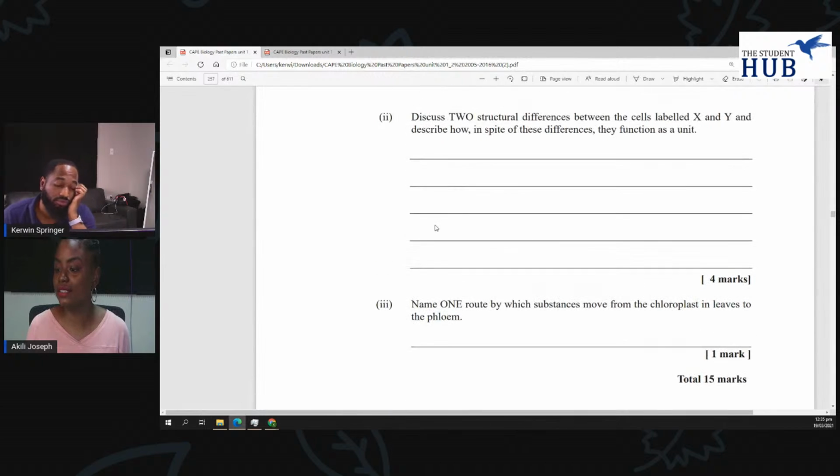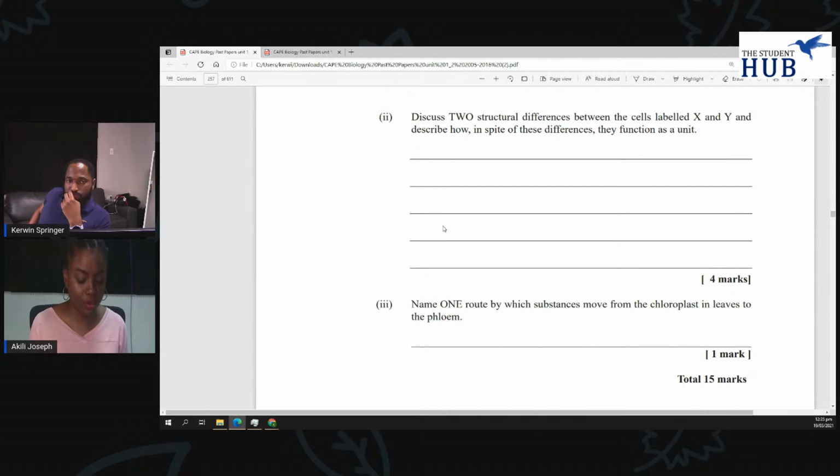And so yes, we're coming up to the last 5 marks of the question. They said to discuss 2 structural differences between your companion cell and your sieve tube element, and describe how, in spite of these differences, they function as a unit. So of the structural differences you will see, one is that your sieve tube element lacks all these organelles.